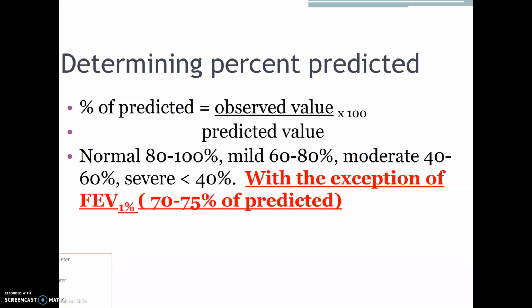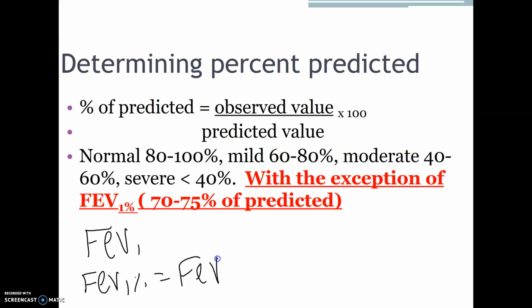They're not the same thing. When we talk about FEV1, we're just talking about the forced expiratory volume in 1 second. The FEV1% is the FEV1, forced expiratory volume in 1 second, divided by the total forced vital capacity. So the two of them are different, so you want to make sure that you keep those separate as we're going through this.